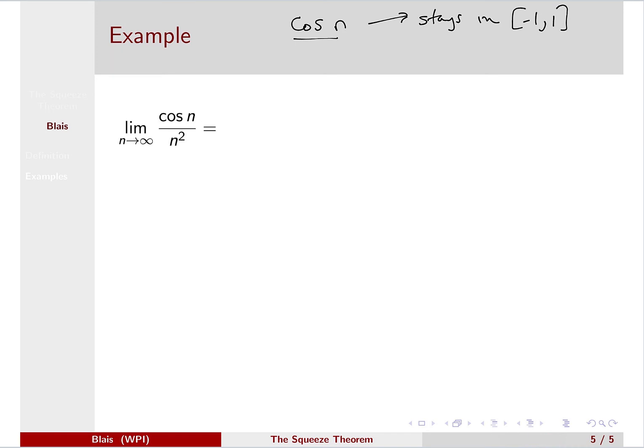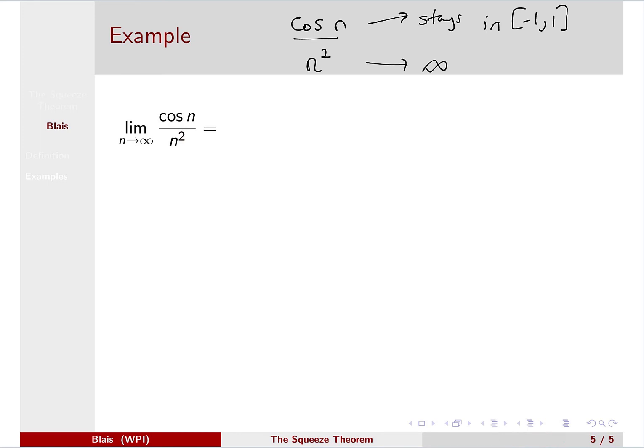We know no matter what you feed cosine, it's something between -1 and 1, inclusive of the endpoints. The n squared is going to infinity. So you have a ratio where the top is bouncing around in the interval -1, 1, and the bottom is exploding. So this should go to 0.